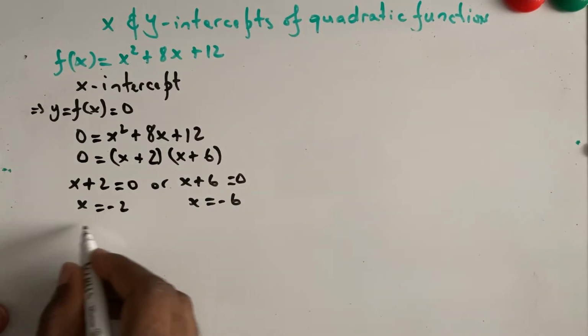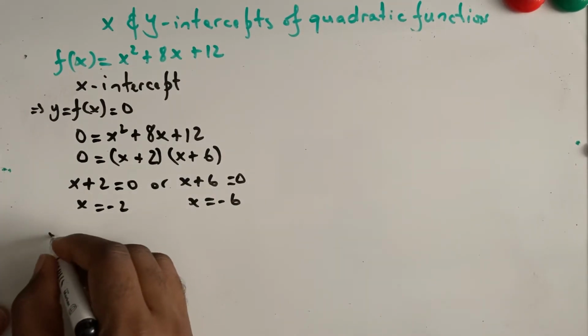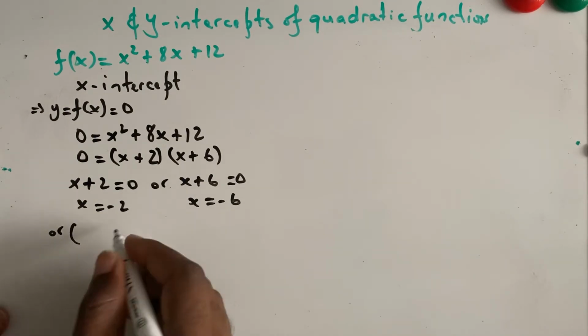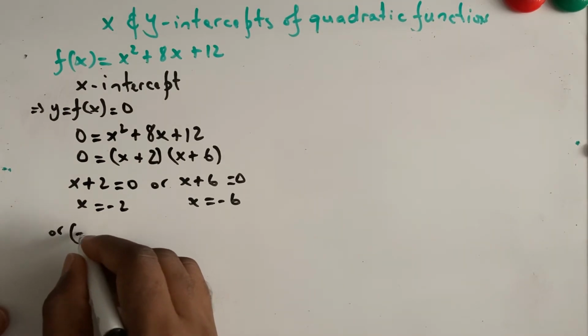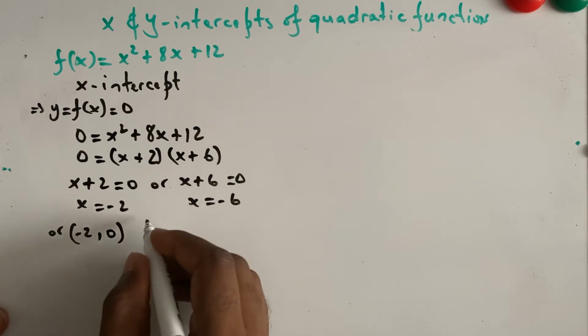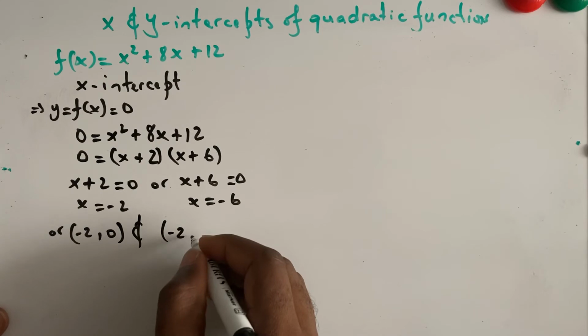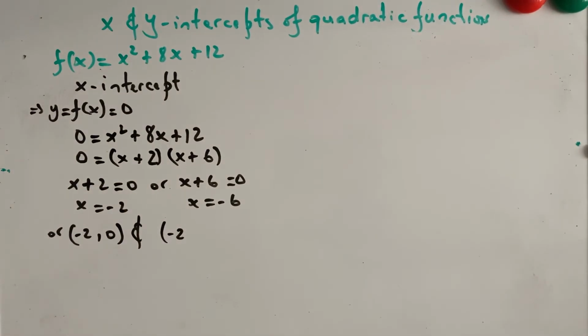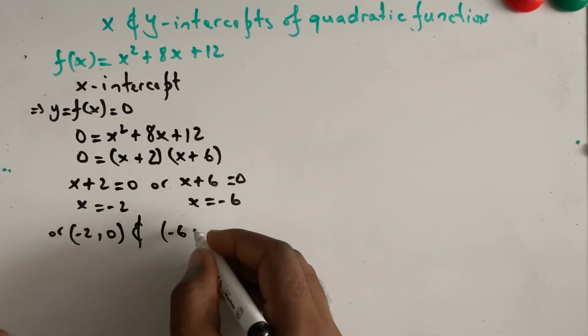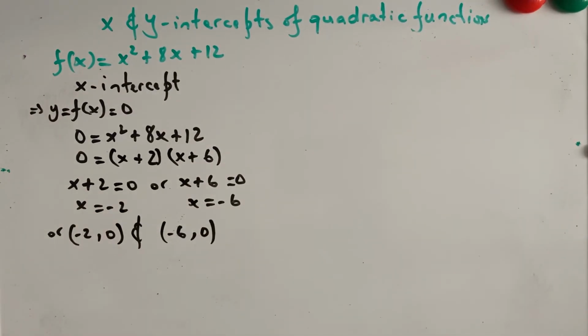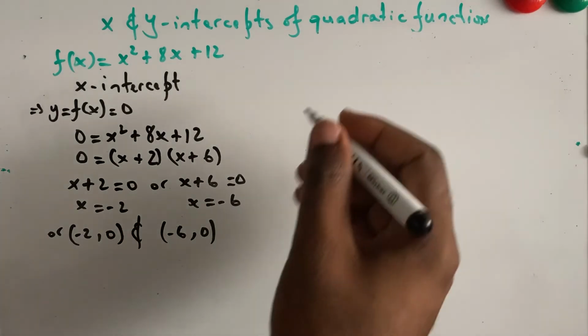It can be written like this or as an ordered pair: negative 2, 0, always 0 for the y value, and negative 6, 0. So this is the x-intercept, okay?